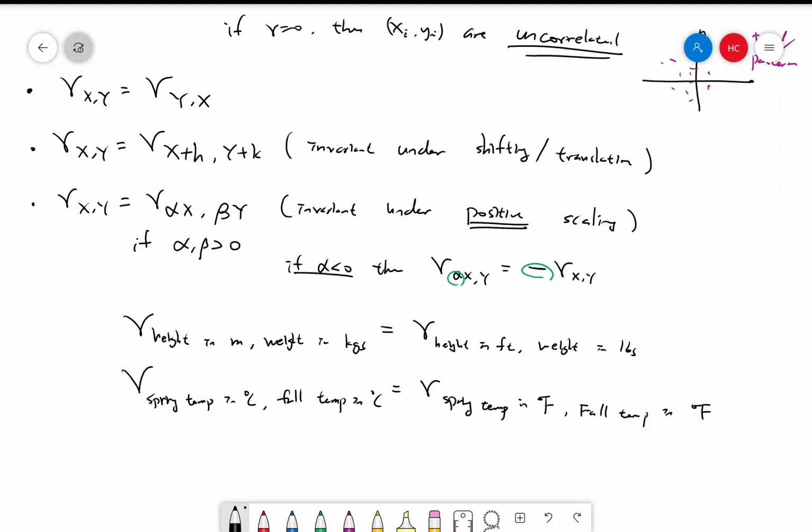So the r value does not change. This is saying that when calculating r, the choice of units doesn't really matter. You can choose feet, meters, centimeters, or inches. The correlation coefficient is going to stay the same.